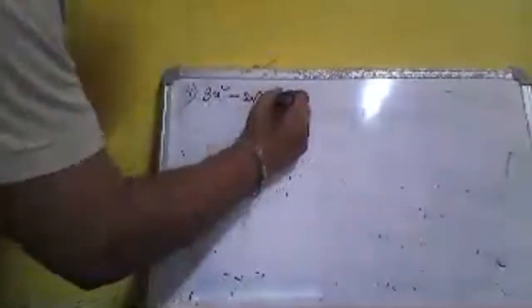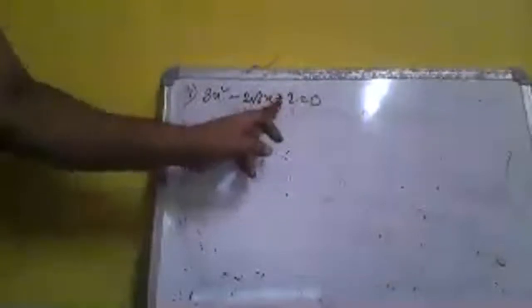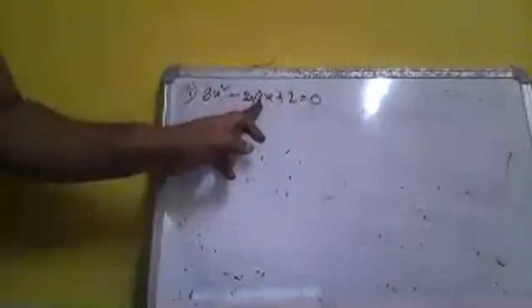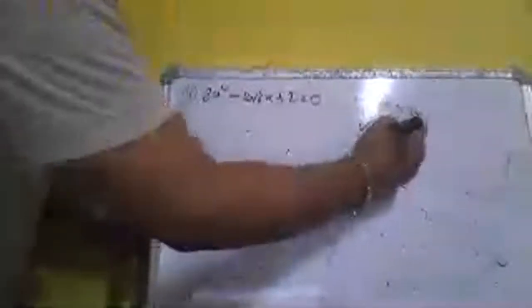This one is 3x square minus 2 root 6x plus 2 equal to 0. Then multiply the two terms, 6, and plus of the two terms, 2 root 6 needs to come. Then we know root 6 into root 6, what will become? 6. And root 6 plus root 6 is 2 root 6 now.